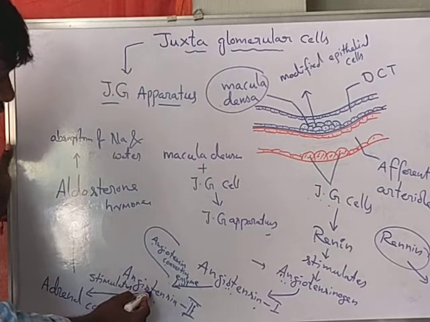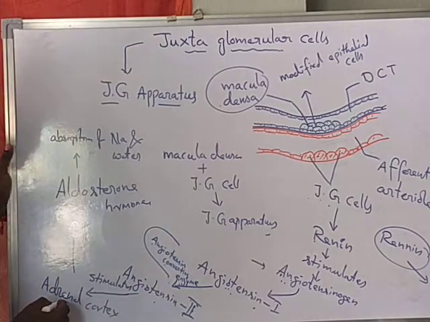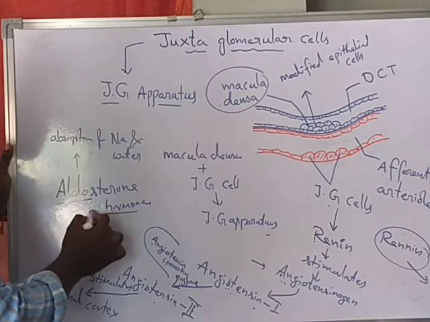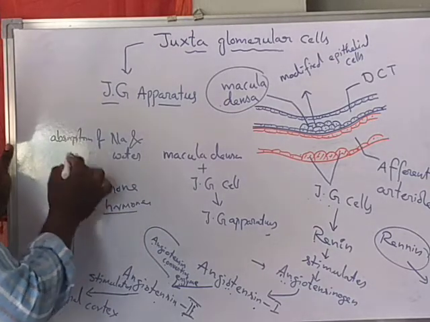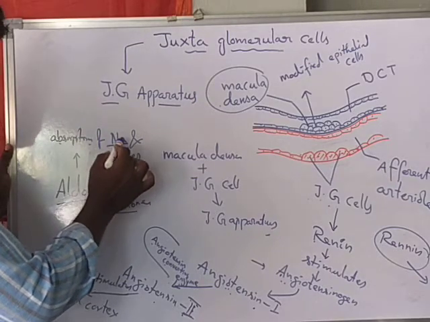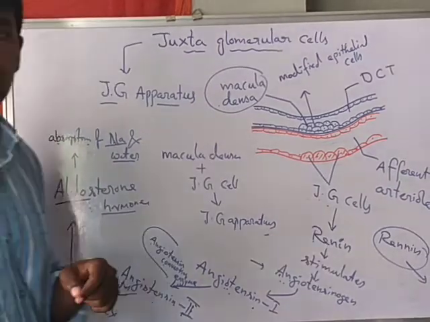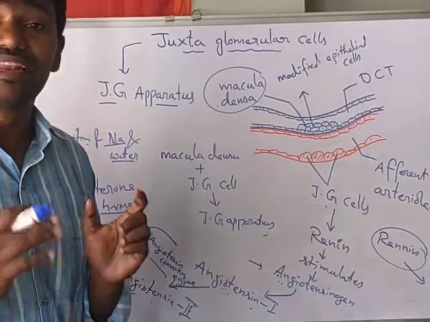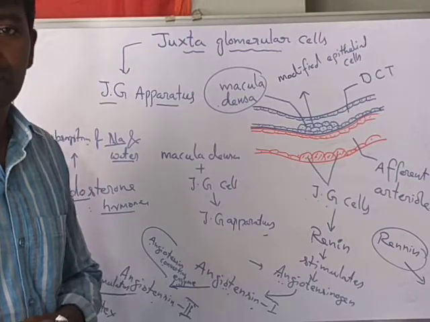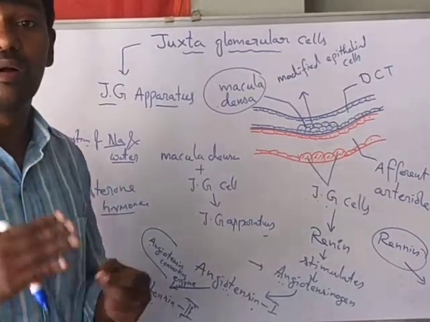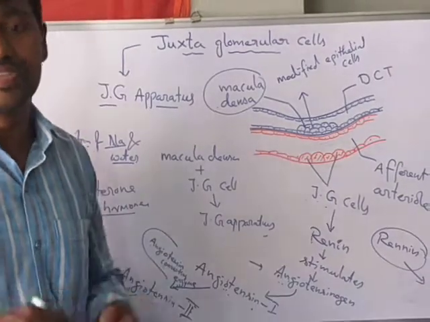Then angiotensin 2 stimulates the adrenal cortex, and ultimately aldosterone hormone is released, which plays the main role. It helps in the absorption of sodium and water through the distal convoluted tubule and collecting duct of the nephron. As a result, it increases the blood pressure and glomerular filtration rate.